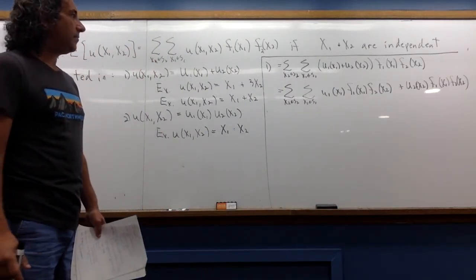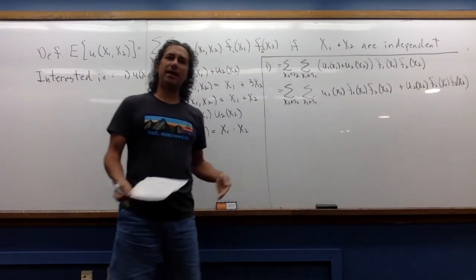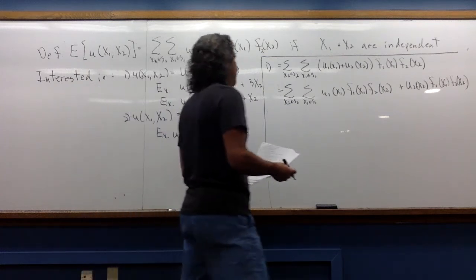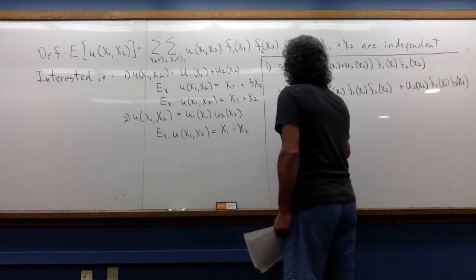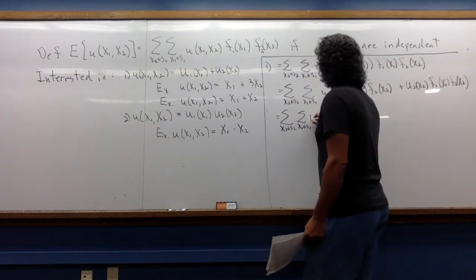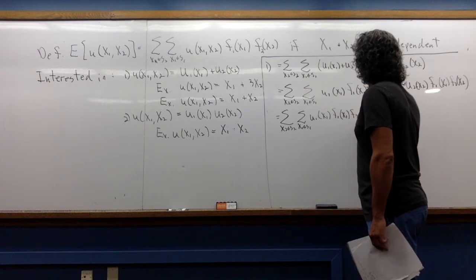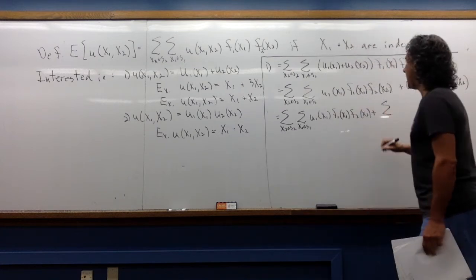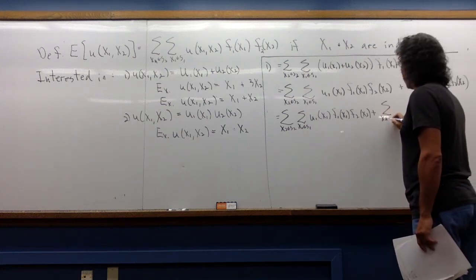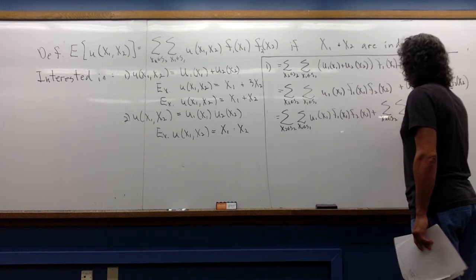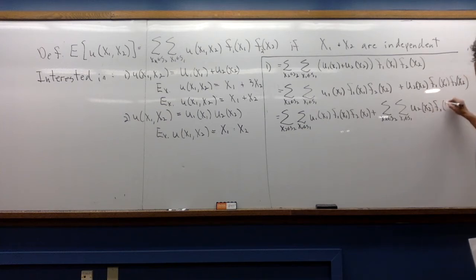Okay. The next thing I can do is realize that the sum of a sum is the sum of the two sums. We actually saw that before a long time ago. So I can break this into two sums. We have u1 of x1, f1 of x1, f2 of x2, plus the second sum, again another double sum, just copying these guys down.